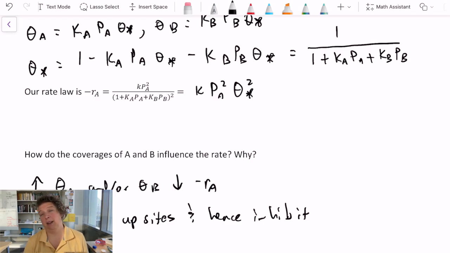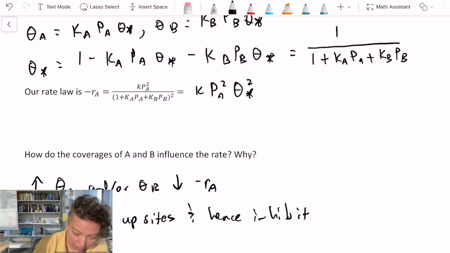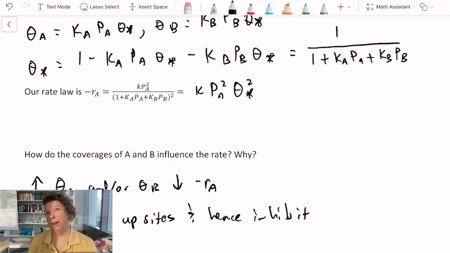So if you've got A and B bound to the surface, they're taking up sites where the reaction could occur, and because of that, they're making the rate slower. So this is an expression of the finite nature of the number of sites on the catalyst surface. There's only so many, so the coverage on the catalyst matters, because at a high coverage, there's not going to be very many sites available to carry out the reaction.